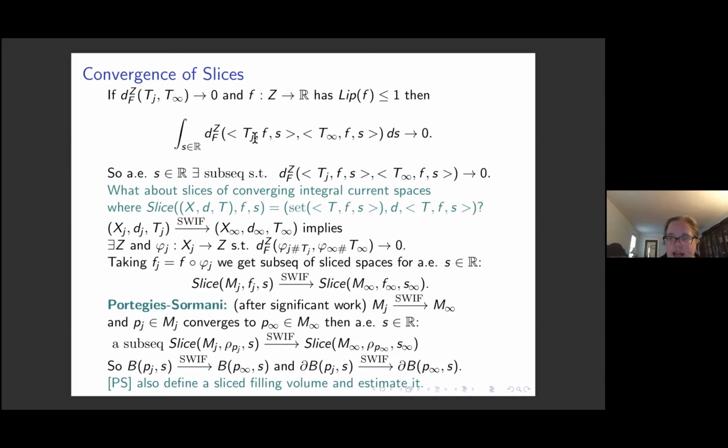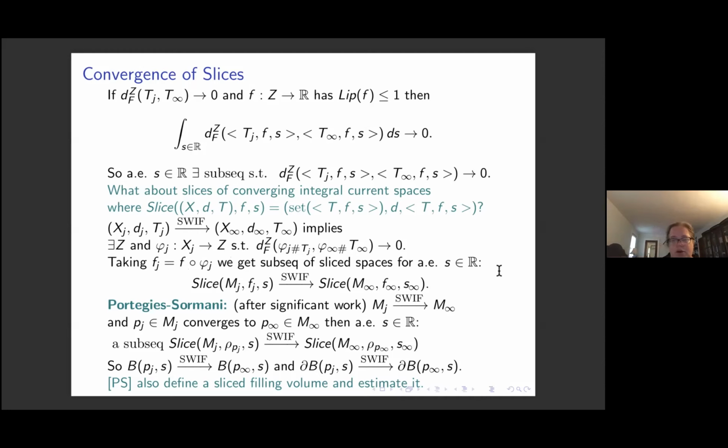You can use any f that's defined in your limit space and get a sequence that converges where your fj's are made from f. Or you can imitate our proof to try to allow fj's to change even if your fj's are not distances from points. Okay, so you can learn from the proof of these things to try to extend the results to exactly what you feel you need.